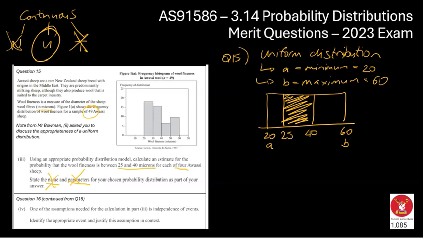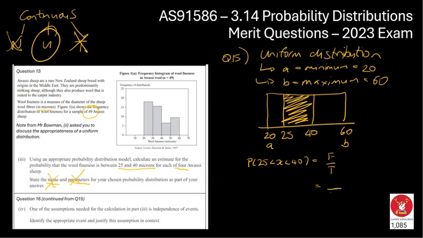There are a few different ways to do uniform distributions. One of them includes calculating the height, but if you're finding a basic probability, there are other ways to go about it. We're trying to find the probability that the wool fineness is between 25 and 40 microns. The way I do these questions is I use my year 9 F over T type approach. T is the total width of the base of my uniform distribution.